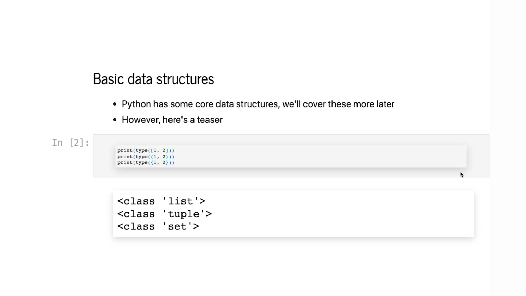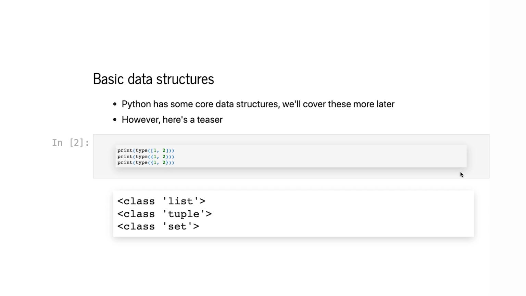In addition to our primitives, we also have some more complex data structures. When I say complex, I mean complicated, different from complex numbers on the previous slide. The first one we might think of is a list. You make a list with just square brackets, so bracket 1, 2 creates a list containing the elements 1, 2.